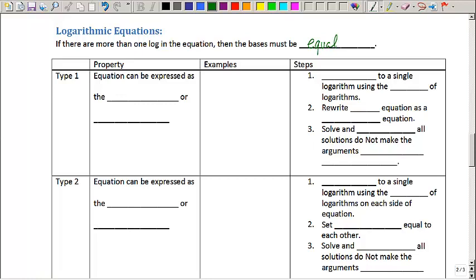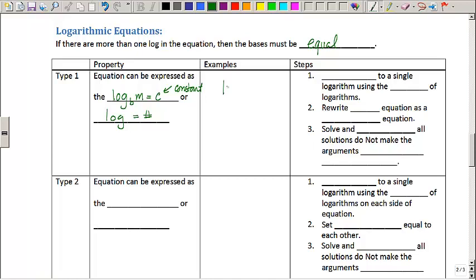To understand the two different types, type 1, the logarithmic equation, can be expressed as the log base b of some argument equals c, where c is a constant. It's kind of a mouthful, so usually I just say log equals number. So the log has to equal some number.